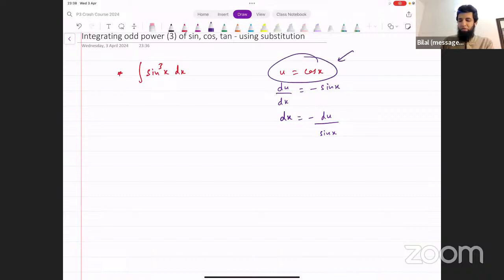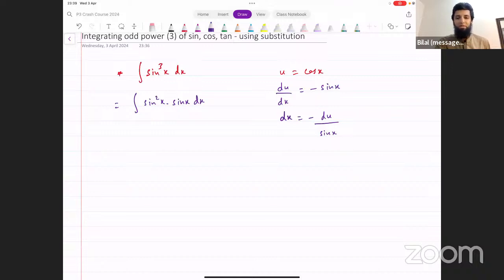What about u equals cos x? Where will we put this? What we can do is break this power 3 into 2 parts. We can say sine cube x is the same thing as sine square x into sine x with respect to x.